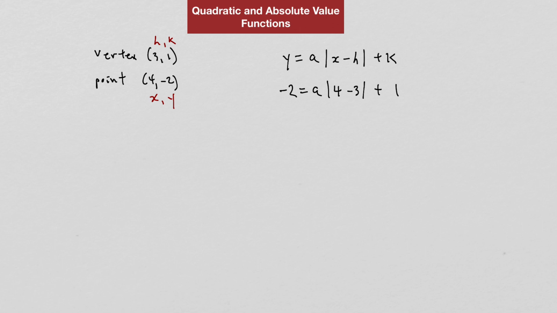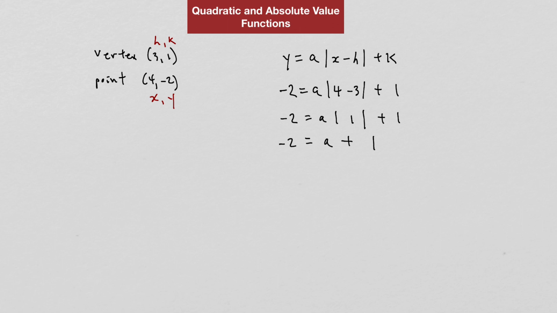So now we're going to solve what's inside the absolute value sign first, and we get -2 is equal to a times the absolute value of 1 plus 1. The absolute value of 1 is just 1, and 1a is just a. So then we get -2 is equal to a plus 1.